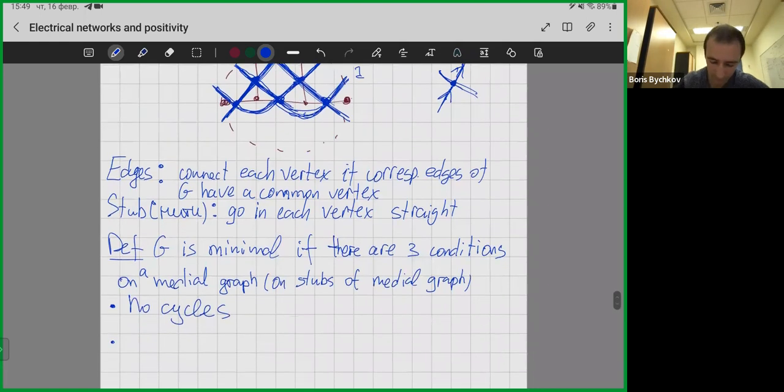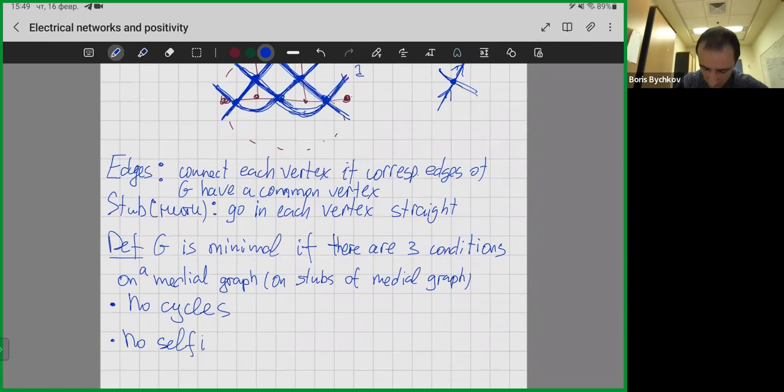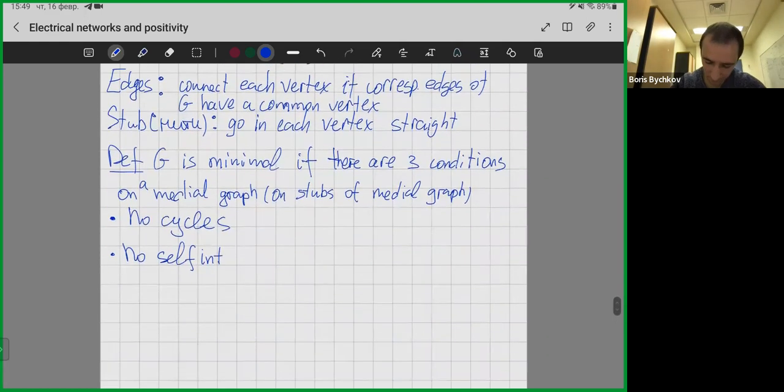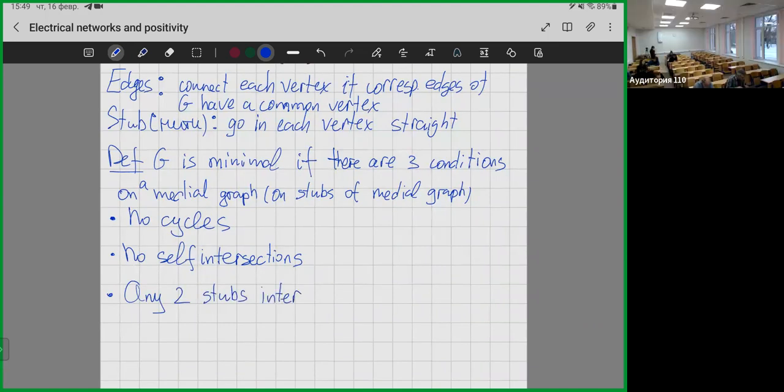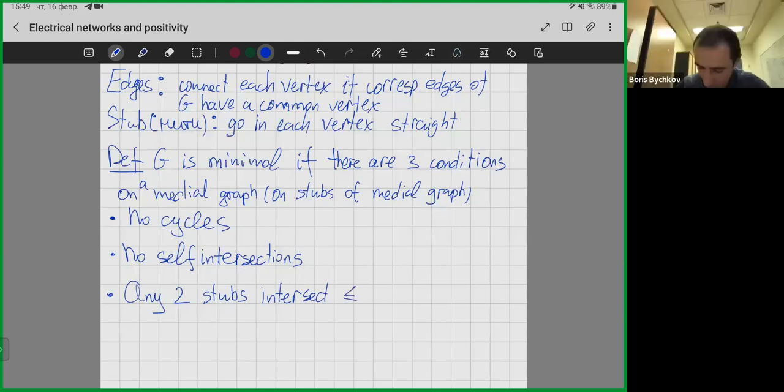No self-intersections. And any 2 stubs could intersect not more than one time.